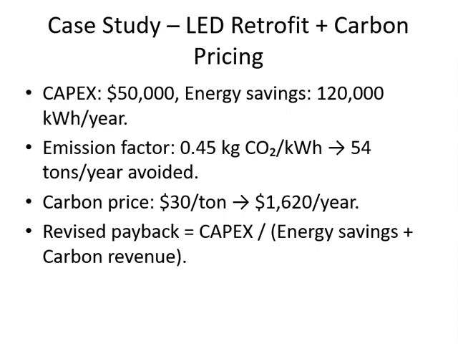That's 54 tons avoided annually. At $30 per ton, we will get $1,620 in carbon revenue each year. We add that to our energy savings, and the payback period shortens immediately.